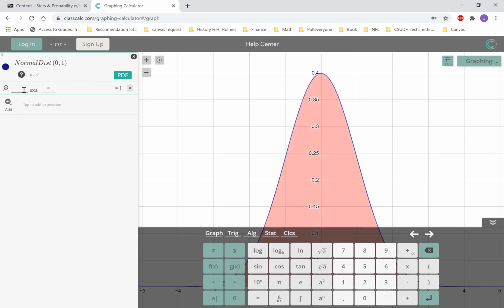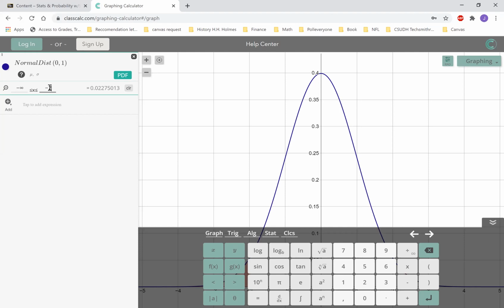In the CDF, you put the lower bound, which is negative infinity, and then the upper bound, which is negative 2. And if you look at that answer, the probability that z is less than negative 2 is equal to 0.0228. And we're all done with that problem.